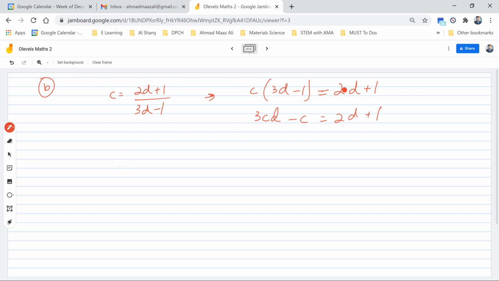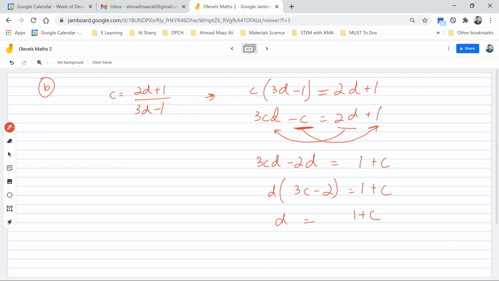Now you want to bring all the values with D on one side, because D is what you need to make the subject. 3CD minus 2D is equal to 1 plus C, because C is negative over here, it will be plus C, right? So take D common. D times 3C minus 2 is equal to 1 plus C. And now it is simple: D equals 1 plus C upon 3C minus 2.